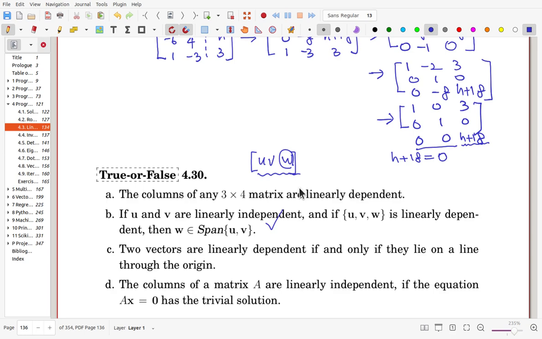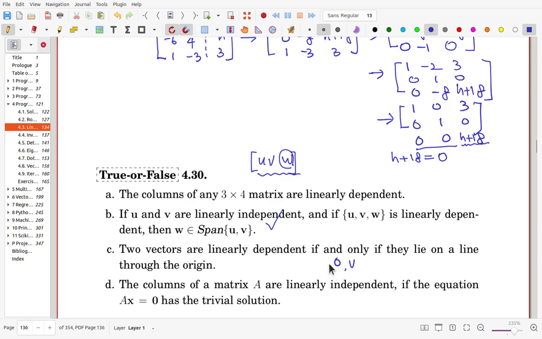Two vectors are linearly dependent if and only if they lie on a line through the origin. Is it true? Two vectors are linearly dependent means that one vector must be expressed as the other, or at least one is 0, for example 0 and a vector v.